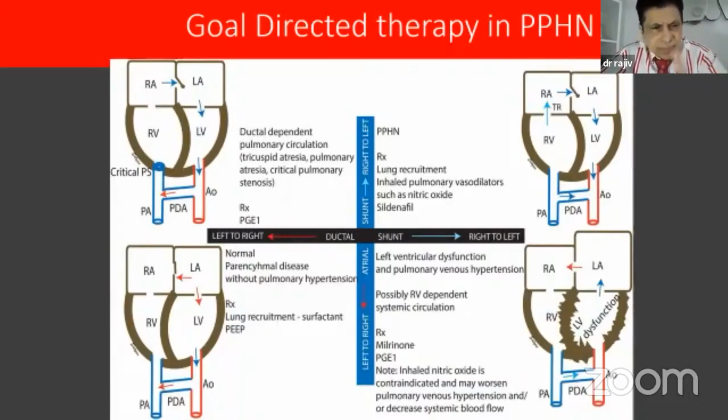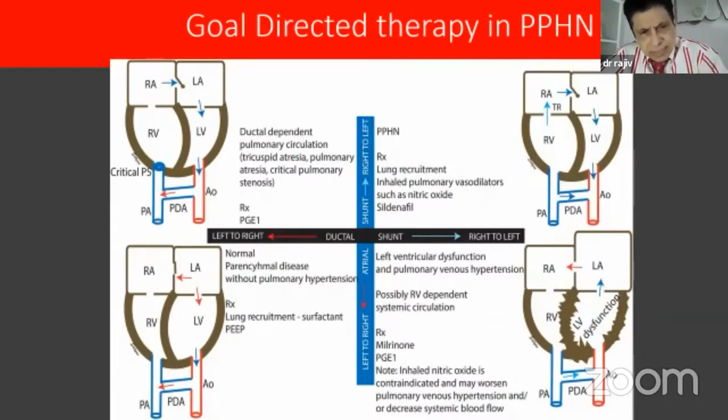So if you have ductal dependent circulation, like tricuspid atresia, again cardiac echo, pulmonary atresia, you have to go and give prostaglandin E1. It's obvious. Now, the PPHN which we see daily, around 75-80%, meconium aspiration, pneumonia, and sepsis, you have to recruit lung well. That's a primary thing.